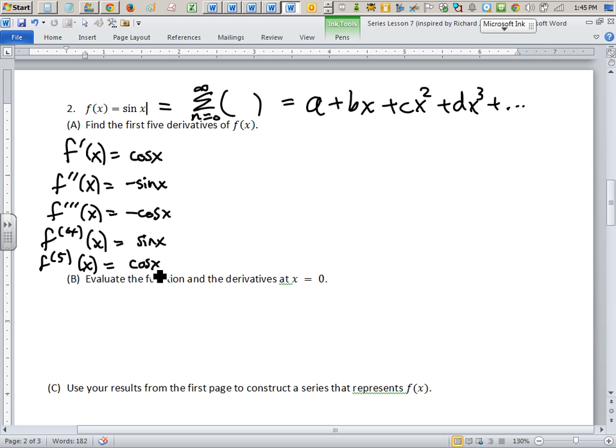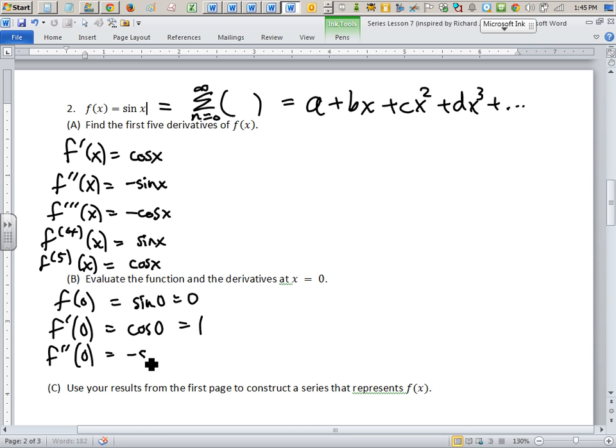Evaluating at 0, f of 0 is sine 0, which is 0. f prime at 0 is cos 0, which is 1. f double prime at 0 is negative sine 0, which is 0. f triple prime at 0 is negative cosine of 0, which is negative 1.